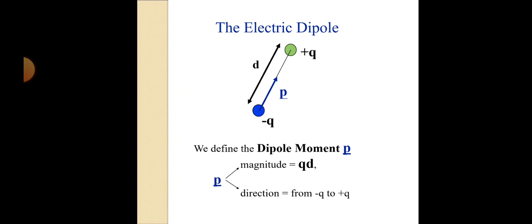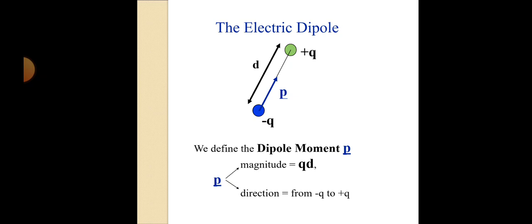And here we can say the electric dipole moment p vector of the system can be defined as the product of one charge's magnitude and the distance between both the charges. The SI unit of electric dipole moment is coulomb meter, since q is in coulomb and d is the distance in meters.